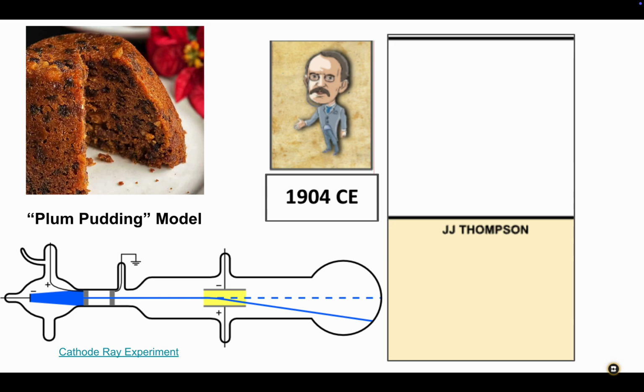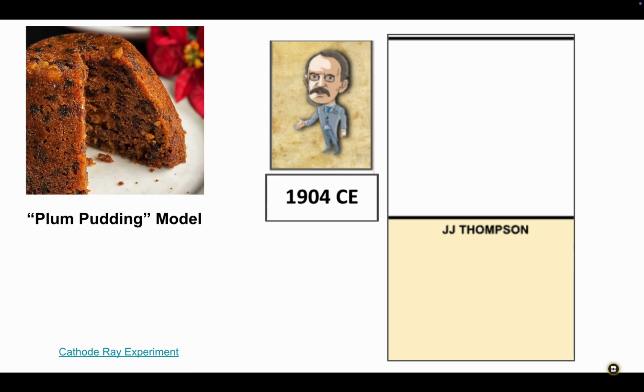It is what it is. And so when Thomson discovered, wait a second, there's electrons here, that was a huge advance in the atomic theory, and he did this with a device called a cathode ray experiment.